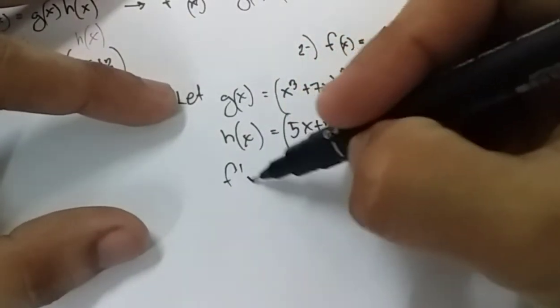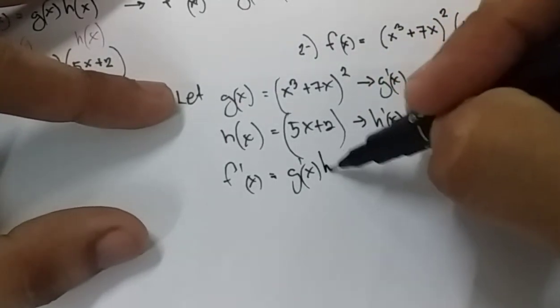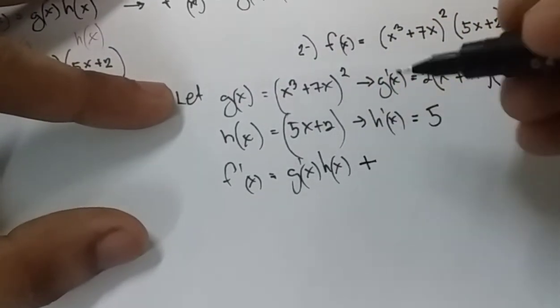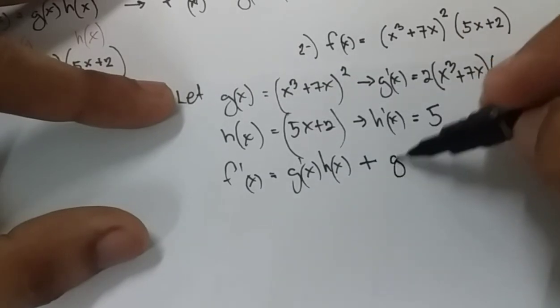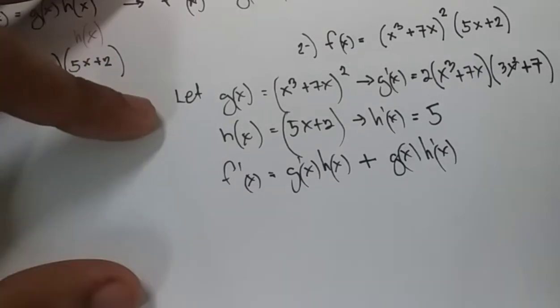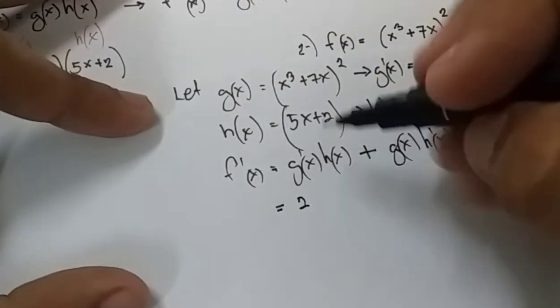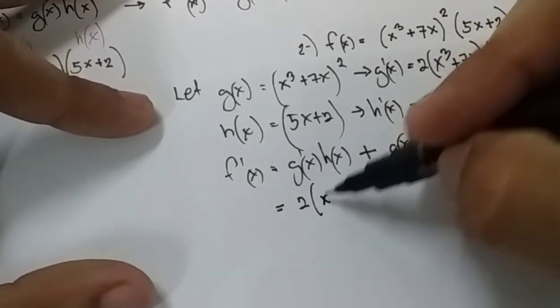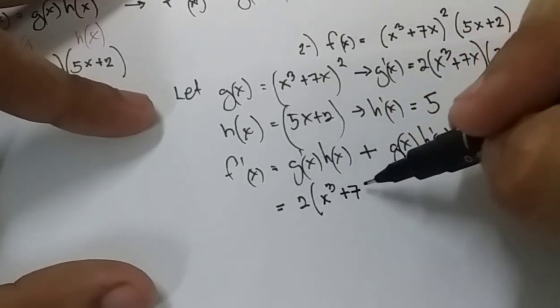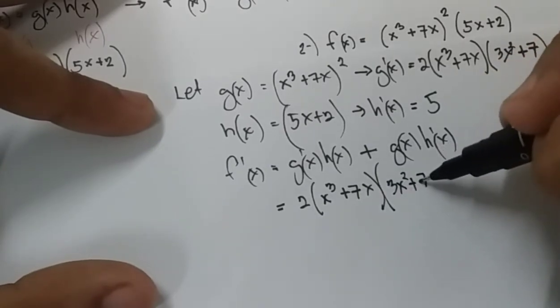Remember, f prime of x is equal to g prime of x times h of x, plus, the operation is plus, g of x times h prime of x. So g prime of x is equivalent to 2 times x cubed plus 7x, times 3x squared plus 7.